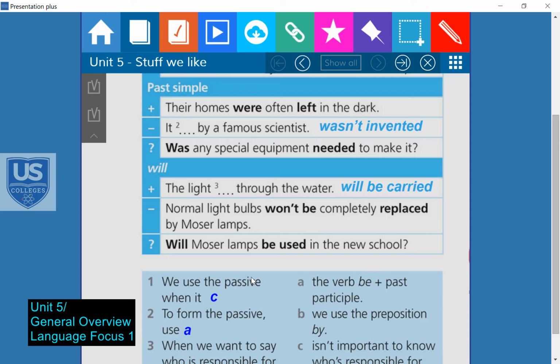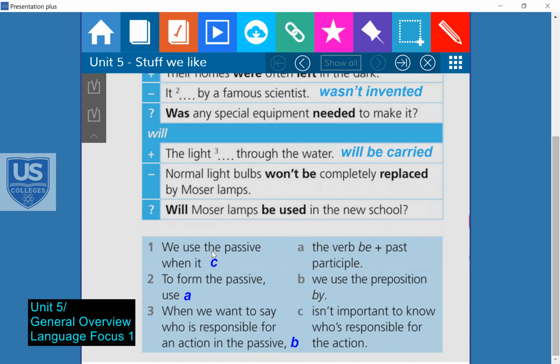Was any special equipment needed to make it? So this is for a question in past simple passive. And now future will. The light will be carried through the water. It's again for a positive passive sentence in future.